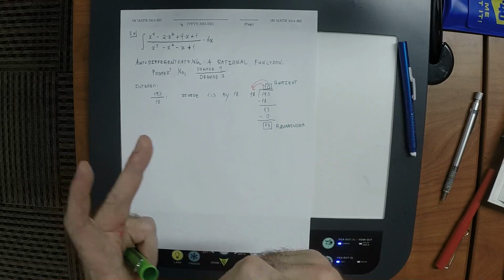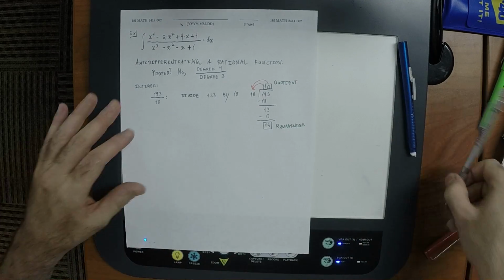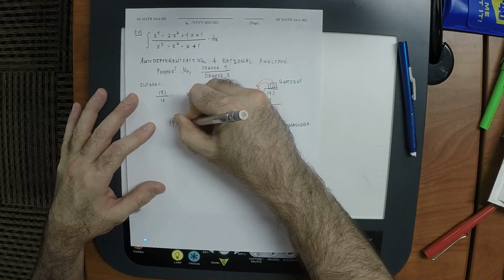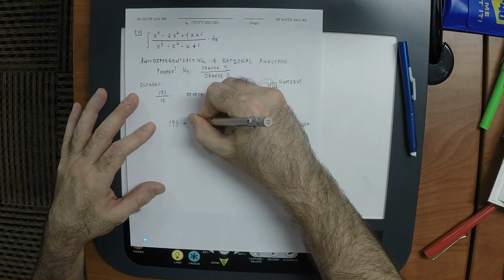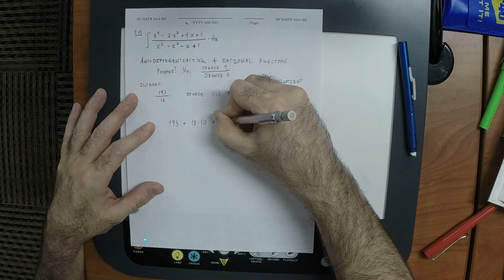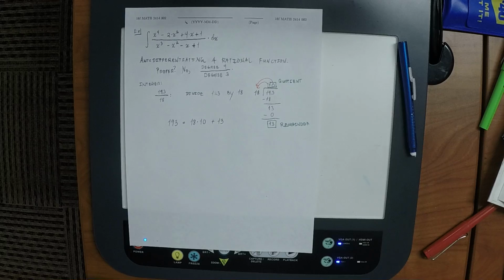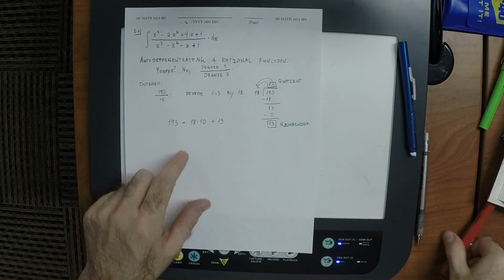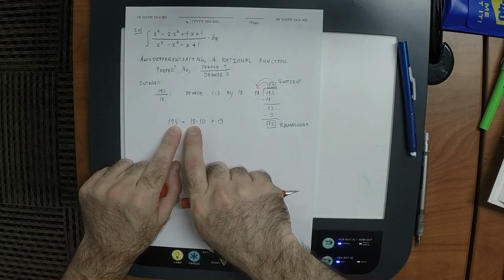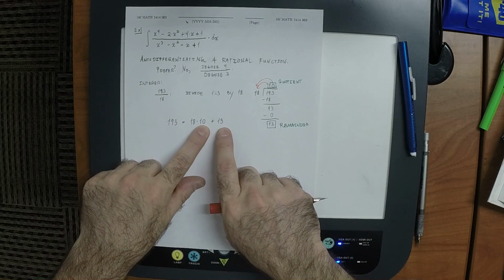And what that's telling you is that 193 is equal to 18 multiply 10 add 13. That's what that procedure is telling you, is that these two, 193 and 18, were the inputs. 10 and 13 were the outputs.